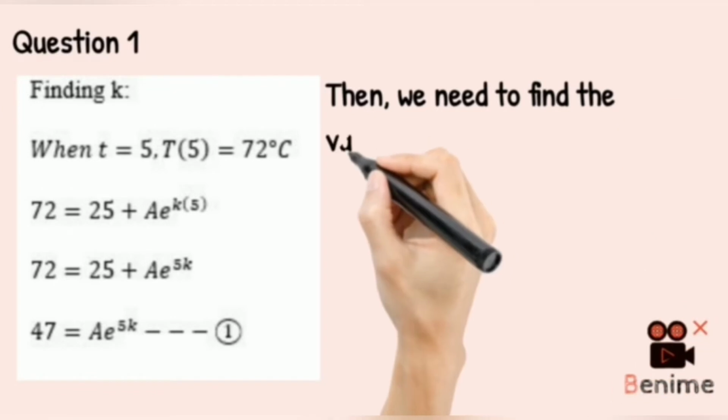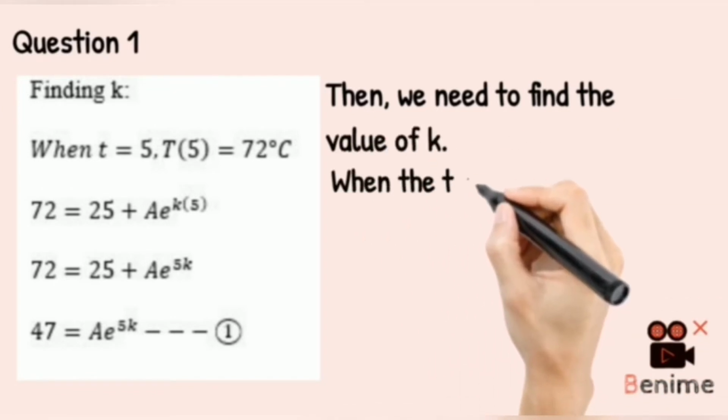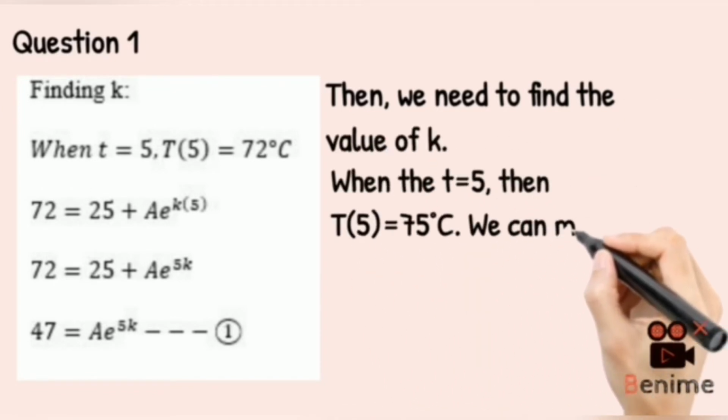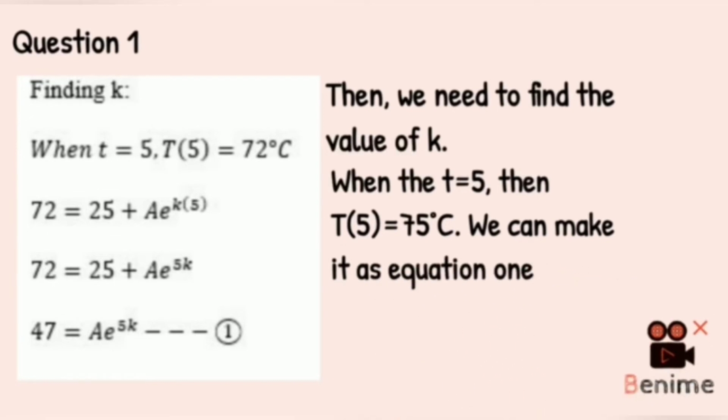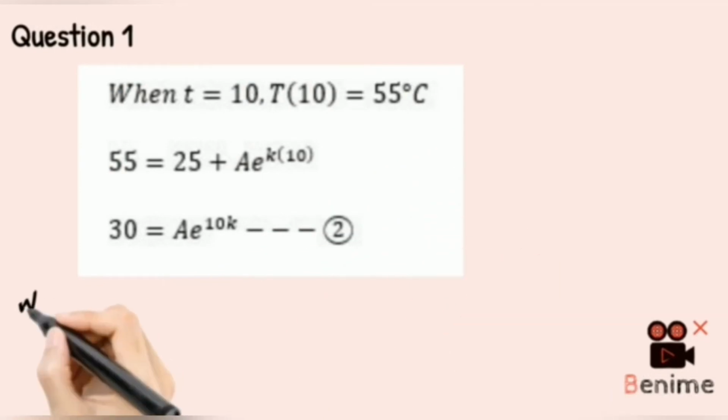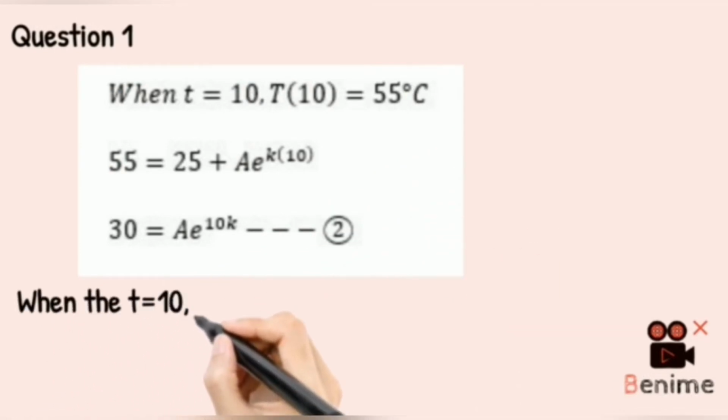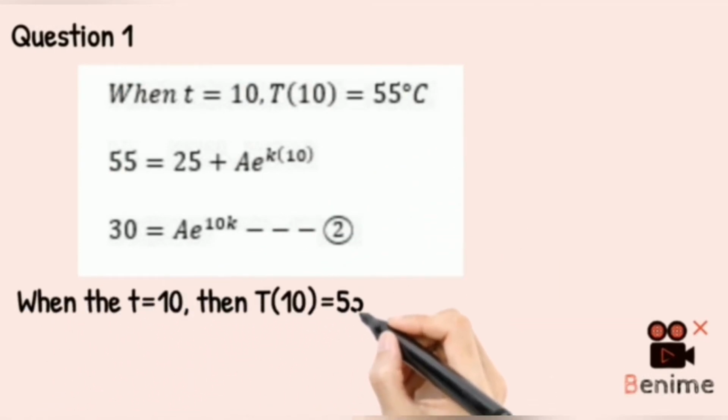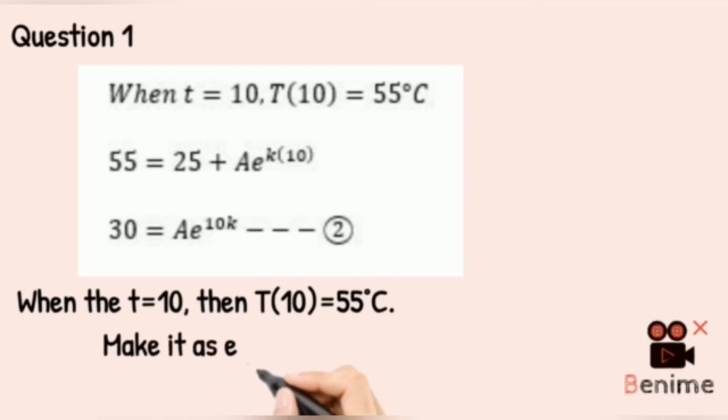When t equals 5, T5 equals 72 degrees Celsius. Make it equation 1. When t equals 10, T10 equals 55 degrees Celsius. Make it equation 2.